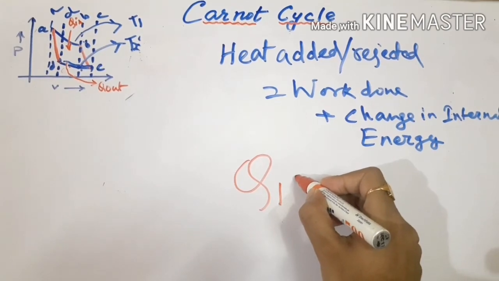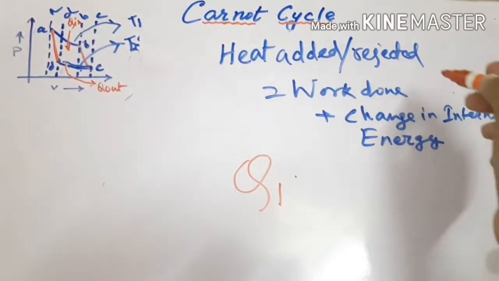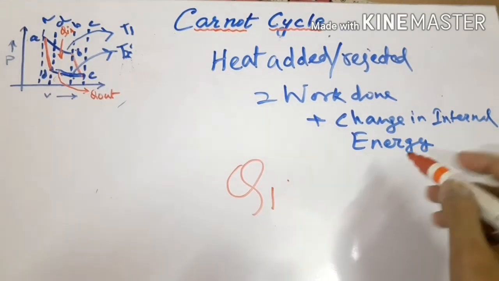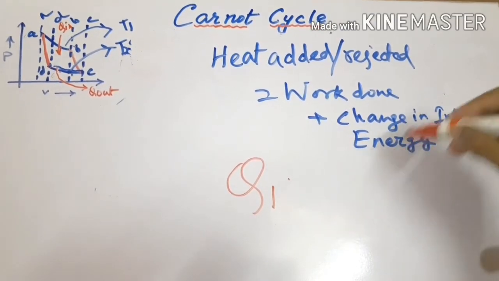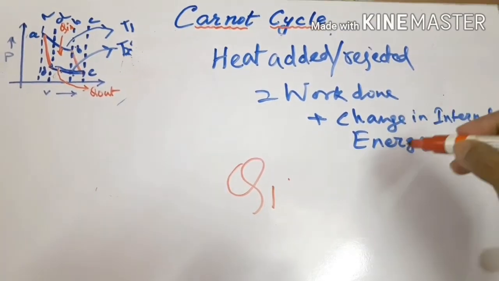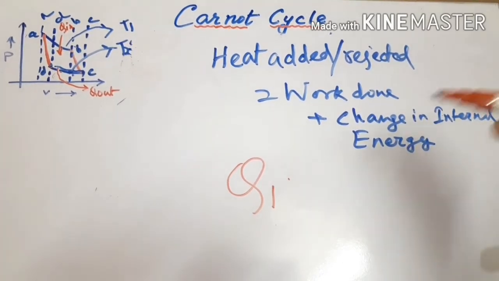So from the first law of thermodynamics we know heat added or rejected is equal to work done plus change in internal energy. That is why the change in internal energy is neglected over here, as the process is isothermal.